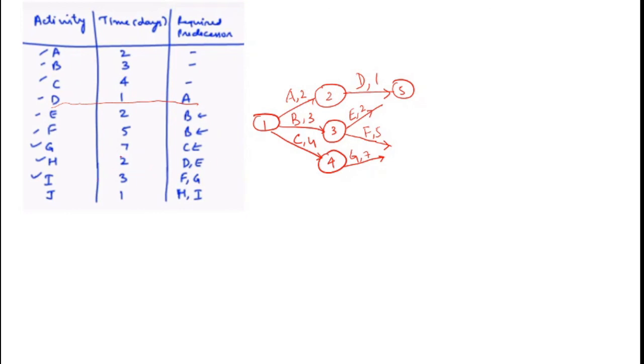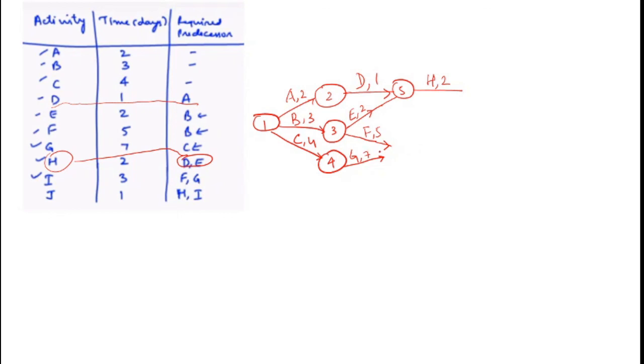So activity H has predecessors D and E. So D and E will be merging, and out of that another activity will come, which will be H, and it will have a time 2.